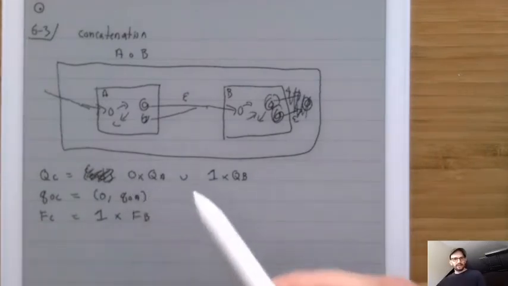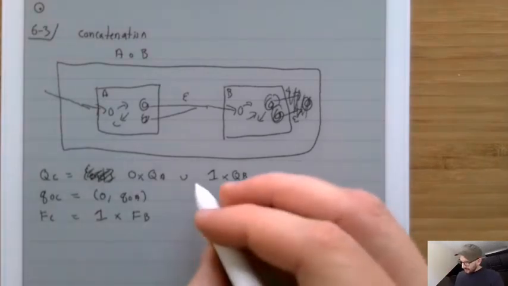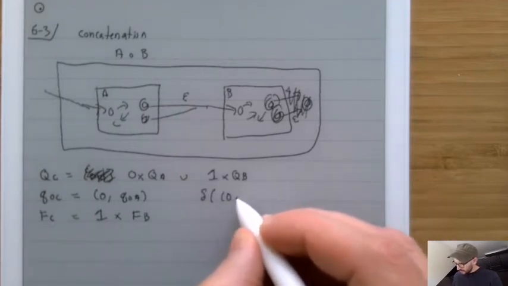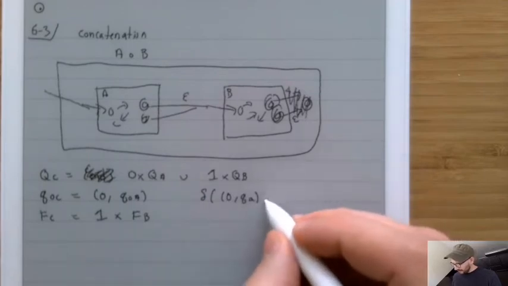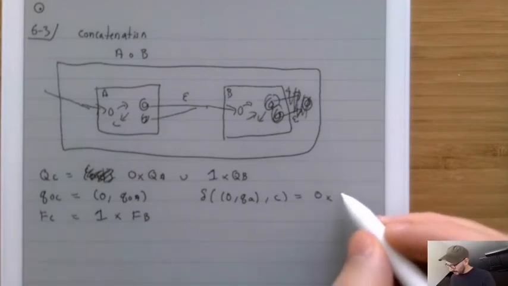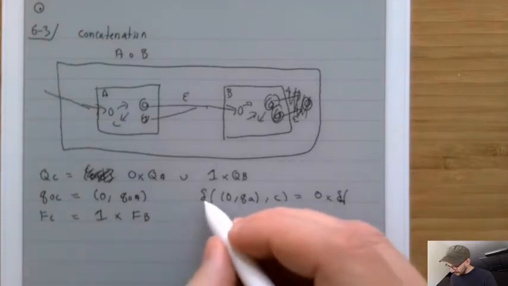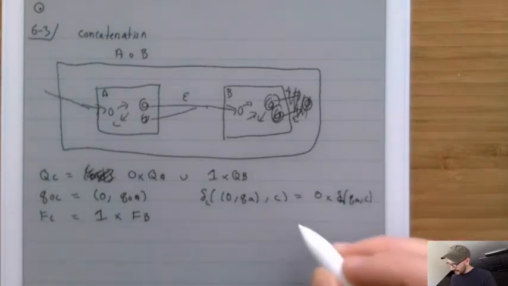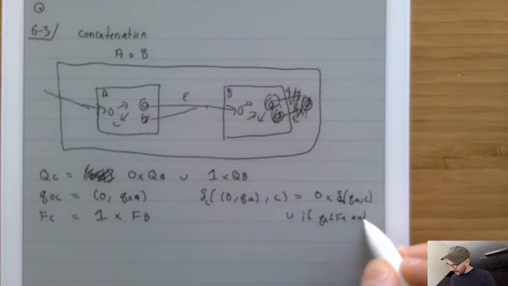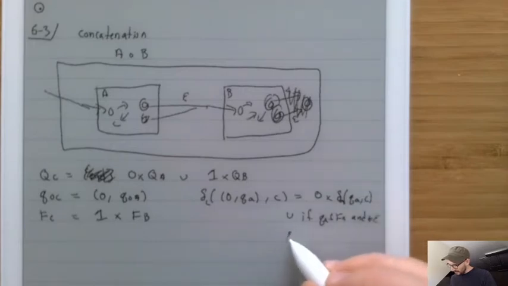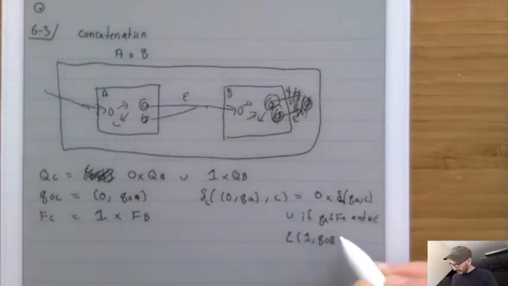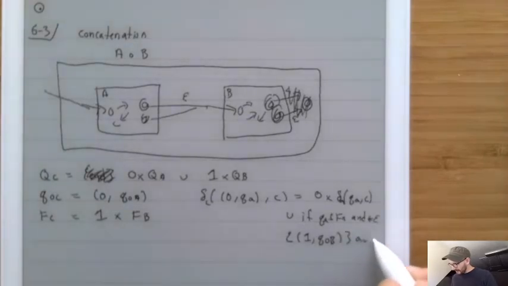This whole pairing 0 with it in one of those is called tagging. Then what we do is we say that delta of 0 QA C is equal to 0 paired up with delta A of QAC unioned, if QA is inside of FA and C is equal to epsilon, then we also go to 1 Q0B, otherwise nothing.